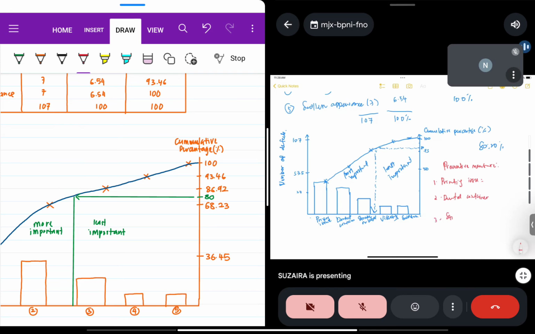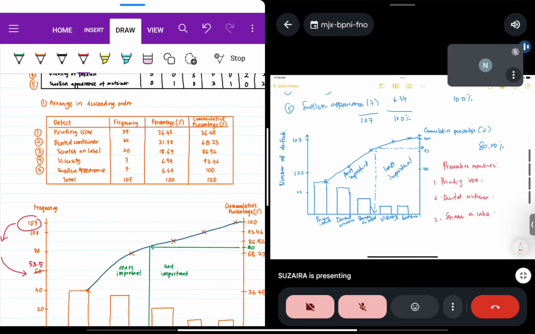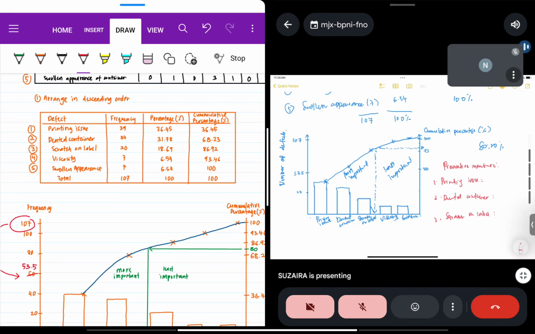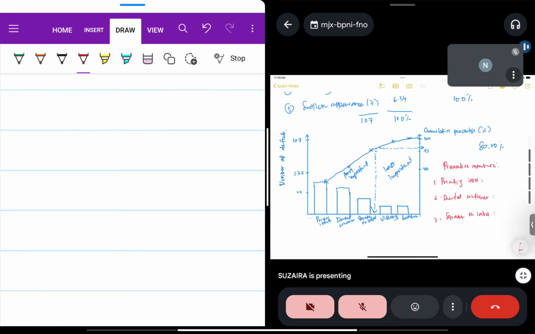Number three is a scratch on label. So what are the preventive measures that you can think about in order to overcome this issue? For example, let's say for number one, is there any preventive measure in order for us to overcome the printing issue? Anyone would like to try? How to overcome the printing issue?